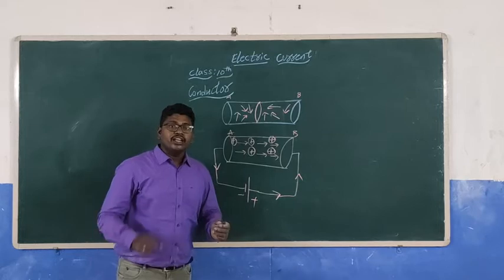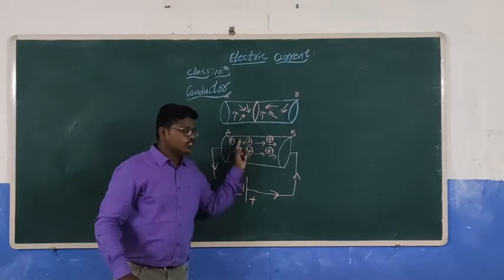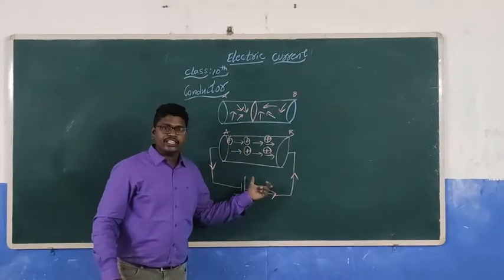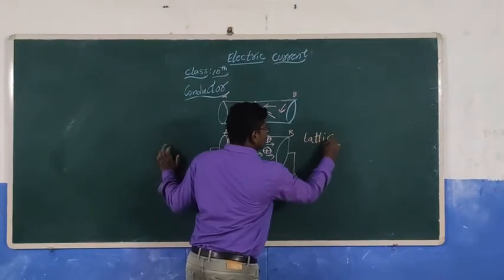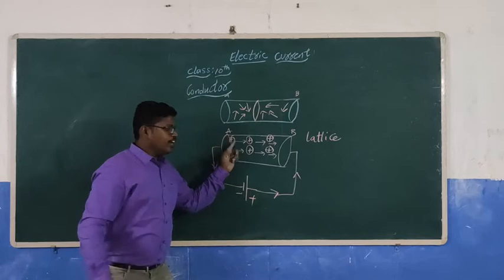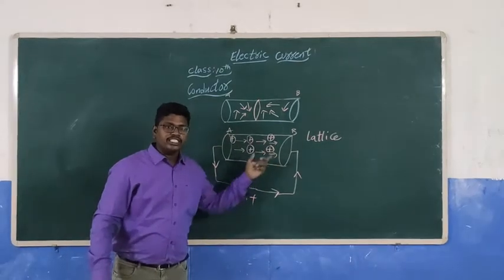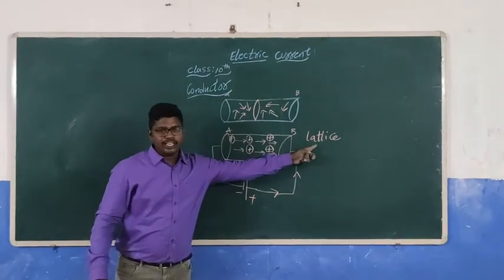Simply, we can say that the arrangement of positive charges in a conductor is called a lattice.